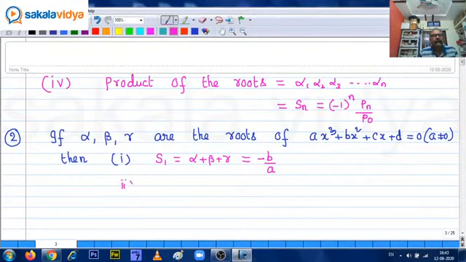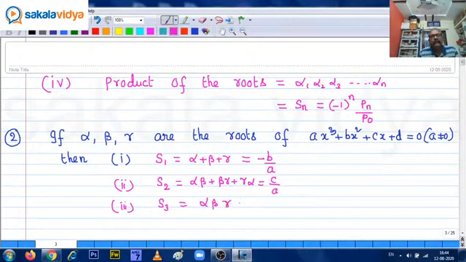Second, here you find S2. S2 is equal to, how to write S2 here, you remember? That will be alpha beta taken 2 at a time: alpha beta plus beta gamma plus gamma alpha equal to c by a. So third is S3. S3 is equal directly to the product of the roots, that is alpha beta gamma equal to minus d by a.